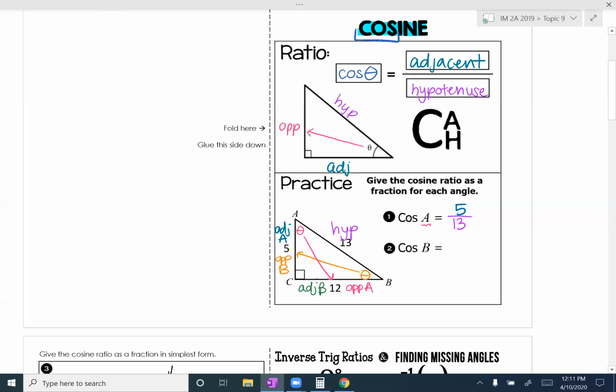So cosine of B is the side adjacent to B, which is 12, divided by the hypotenuse, which is 13. Cosine of B is 12/13. Okay, so that is finding cosine, adjacent over hypotenuse.